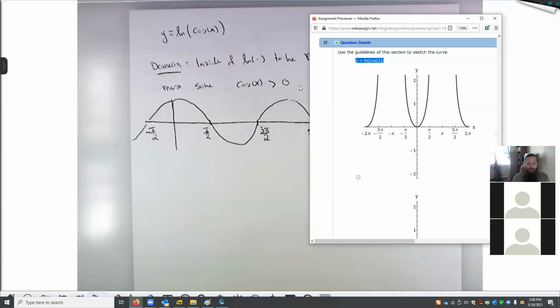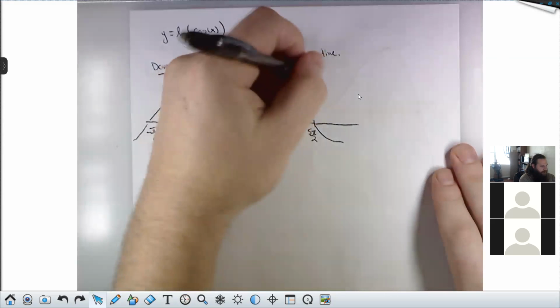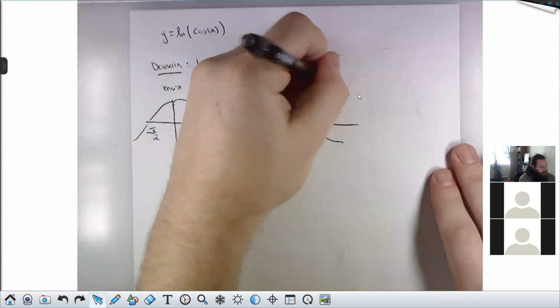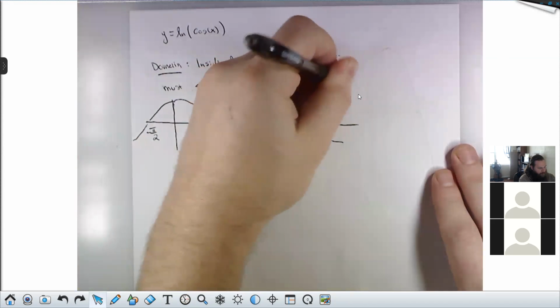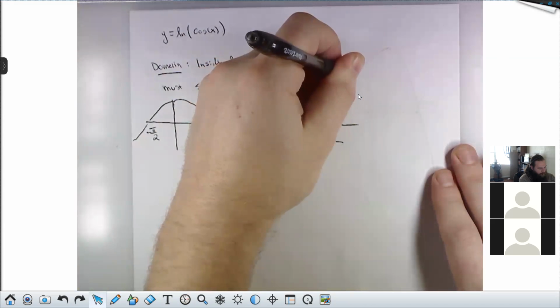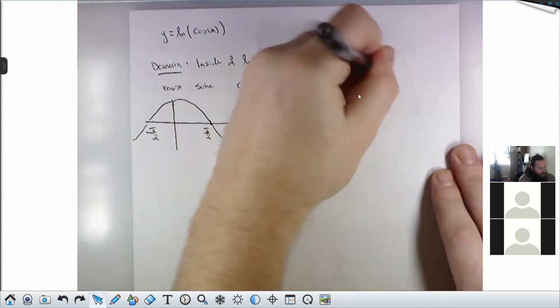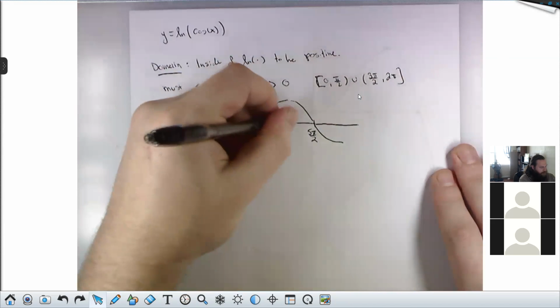Sketch the graph of this curve. No, they just want it everywhere. Let's focus just from like 0 to 2 pi. This would be from 0 to pi over 2. So I'd say here 0 to pi over 2, unioned with 3 pi over 2 to 2 pi, because 2 pi is right here.